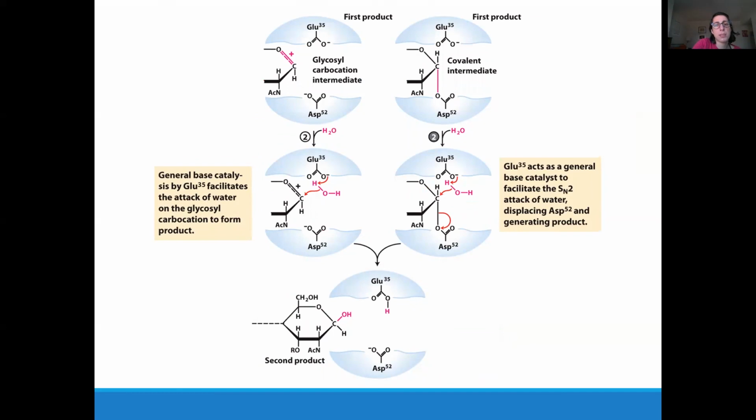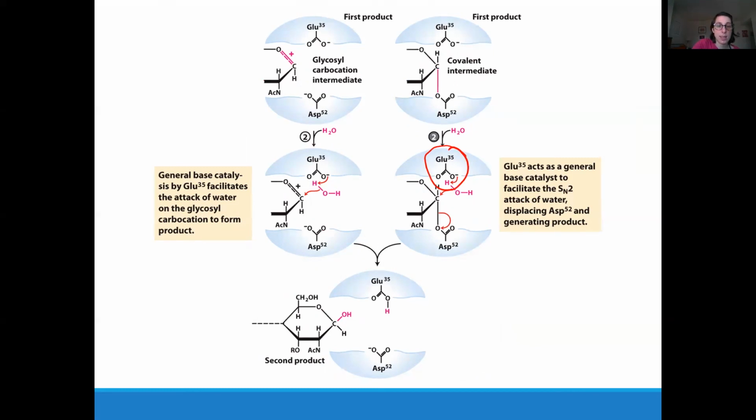And again, we're going to focus here after we remove half of the sugar through the first part of this stabilization. Water is then utilized to essentially regenerate the catalyst and remove the other half of the sugar. So here water comes in, it reprotonates this glutamate, which originally donated its proton.